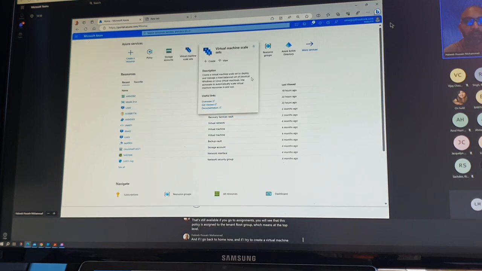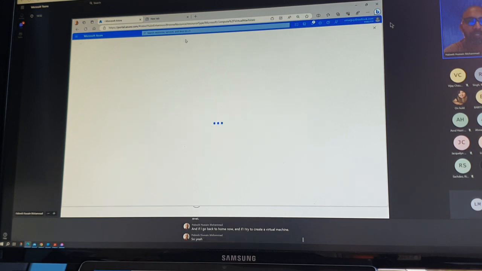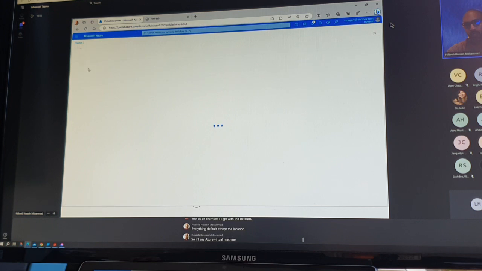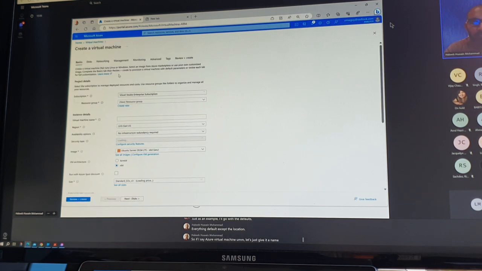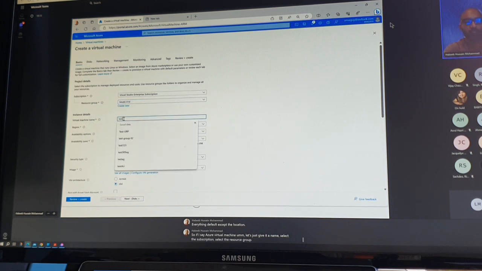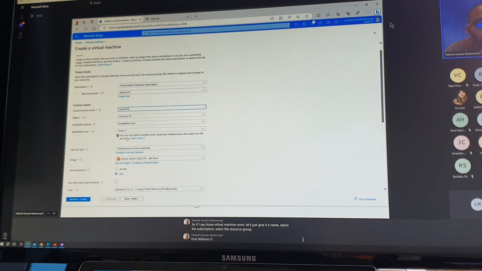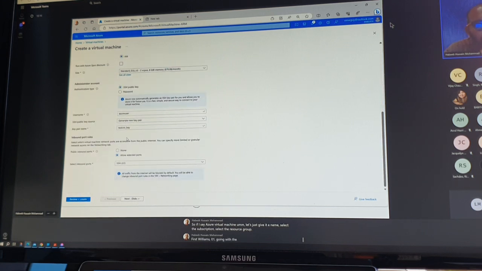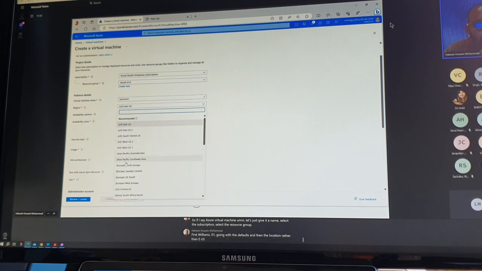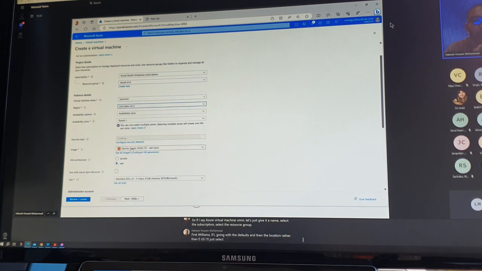And if I go back to home now, and if I try to create a virtual machine, just a virtual machine as an example, I'll go with the defaults, everything default, except the location. So if I say Azure virtual machine, let's just give it a name, select the subscription, select the resource group, test VM01, going with the defaults, and then the location, rather than East US, I'll just select West US.